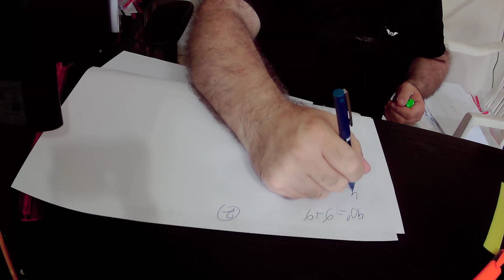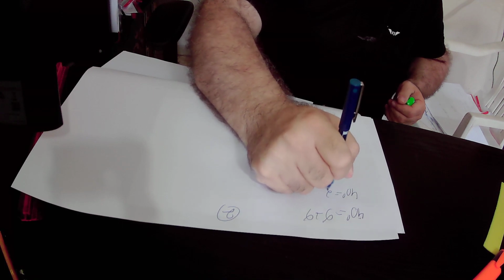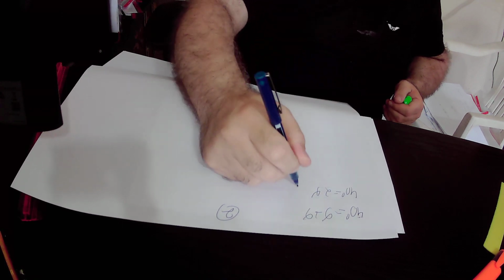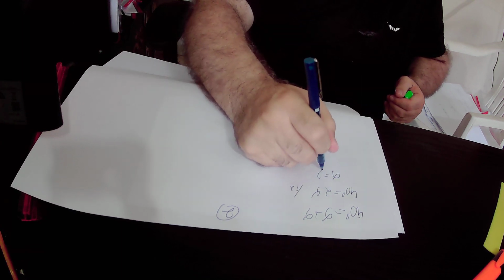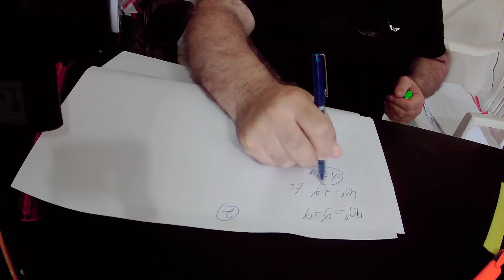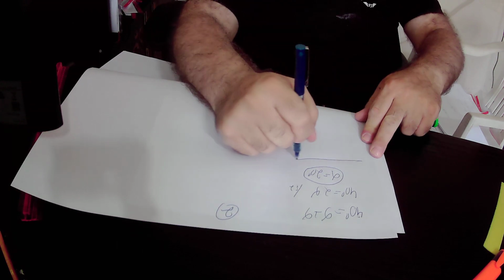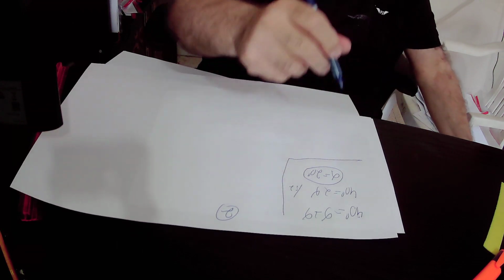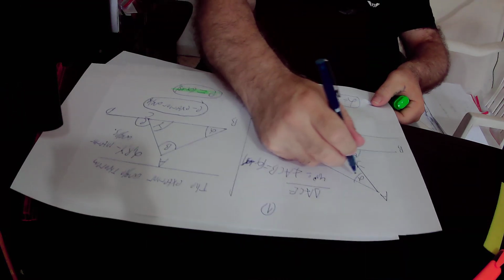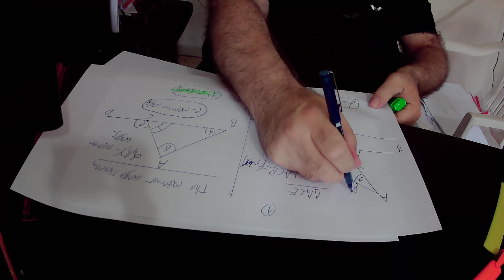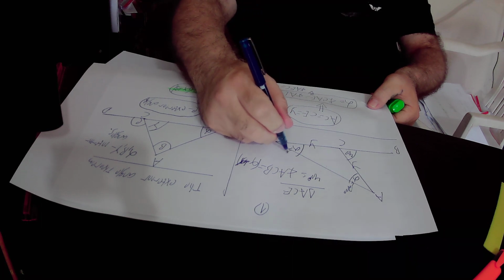That is to say, 40 degrees equals 2 alpha. Here we divide this equation by 2 and we get that alpha equals 40 degrees over 2, which is 20 degrees. So angle alpha equals 20 degrees, and here also angle alpha equals 20 degrees.